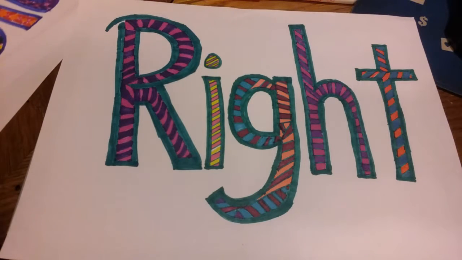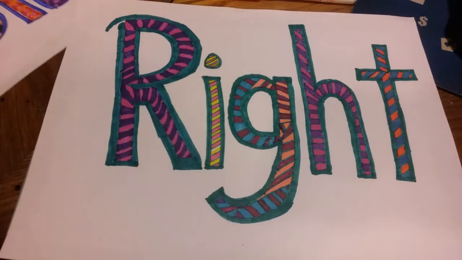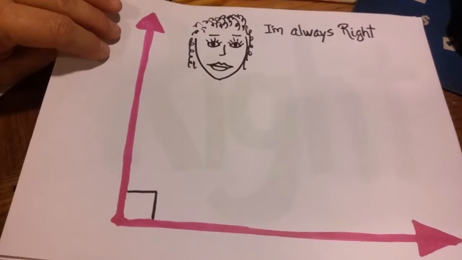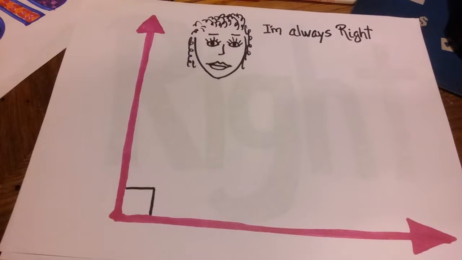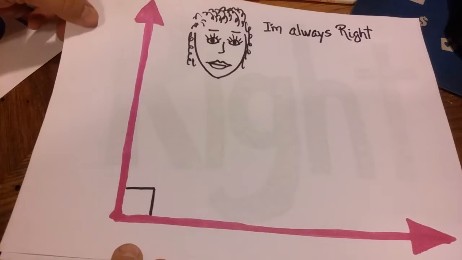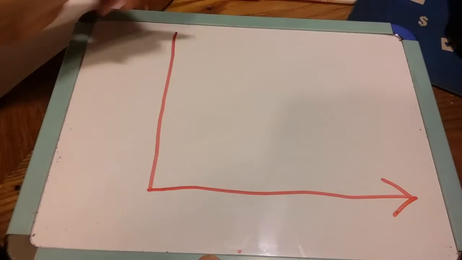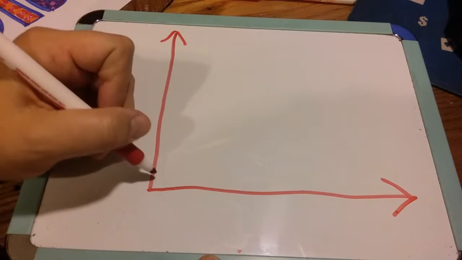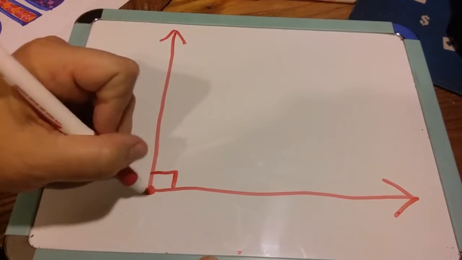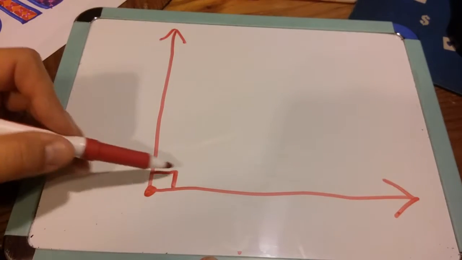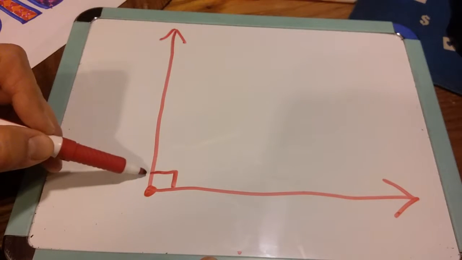So a right angle is a 90-degree angle, and you better not argue with it, because a 90-degree angle is always right. So, a right angle, as we said before, is an angle that has one line that is perfectly horizontal and one that is vertical, and they have a vertex, and the place where they meet is exactly 90 degrees.